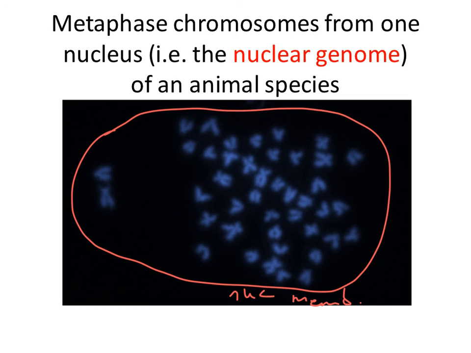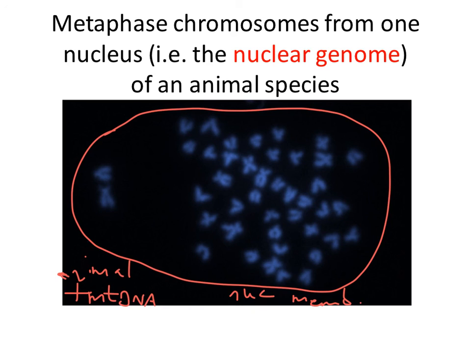What other DNA does a cell have that's not inside the nucleus? Yes, mitochondria have DNA. So if we're talking about an animal, then we have to add mitochondrial DNA. If we're talking about a plant, we have to talk about chloroplast DNA as well.